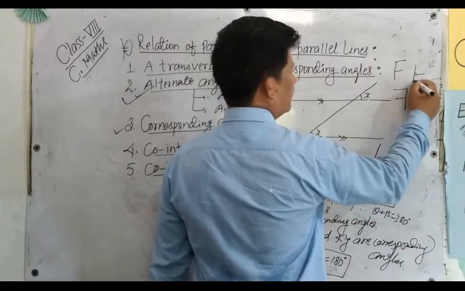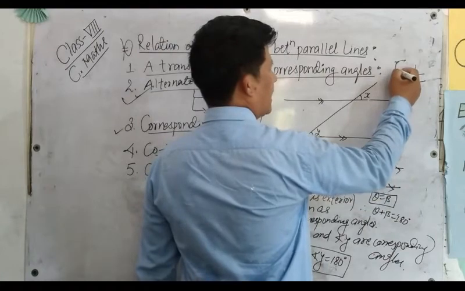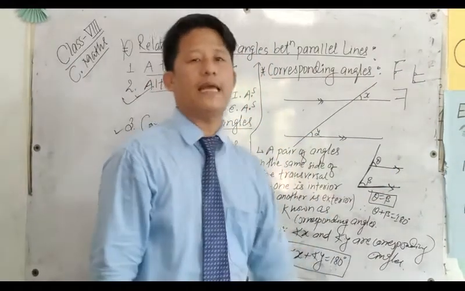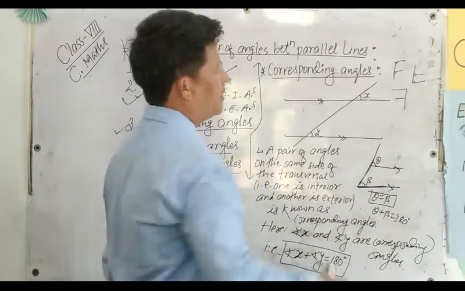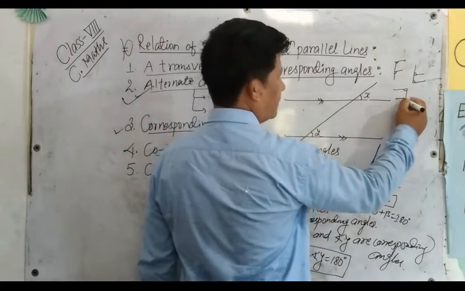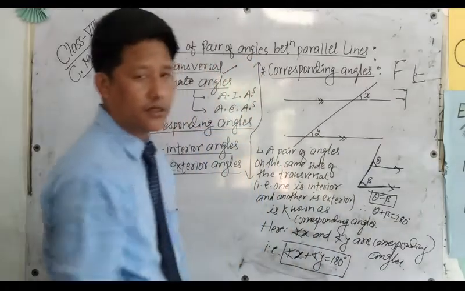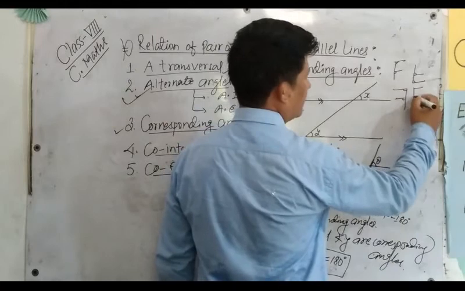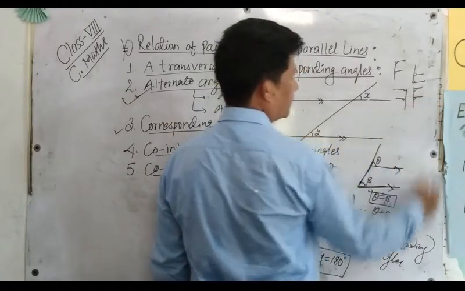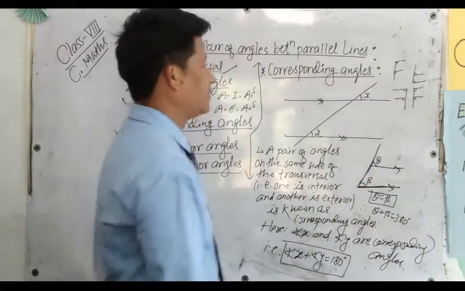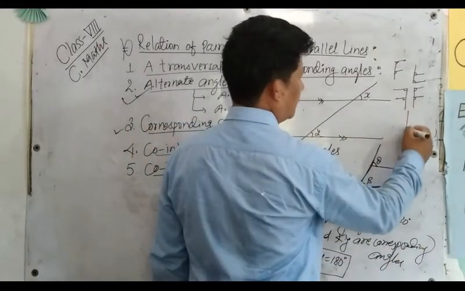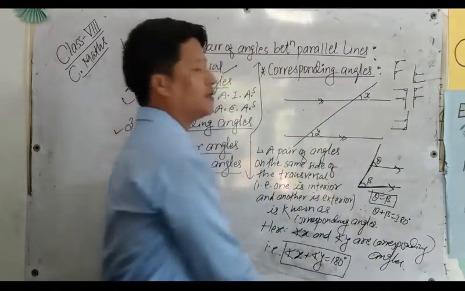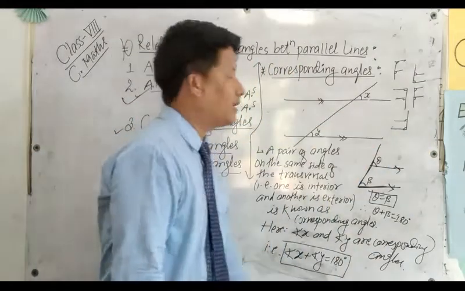If the angles are formed in the shape of F, then such types of angles are called corresponding angles. F may be in a reversed position. In this way you can find the corresponding angles.